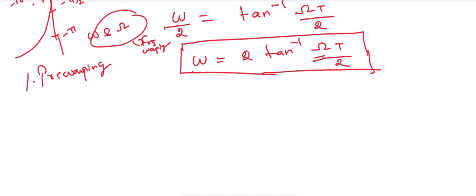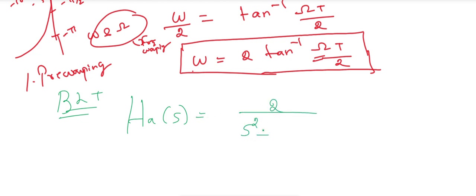Like the impulse invariant method, we'll take some examples and solve the conversion from analog filter into digital filter by using the bilinear transformation method. For example, the analog transfer function is given, H of s equal to 2 by s squared plus 3s plus 2.